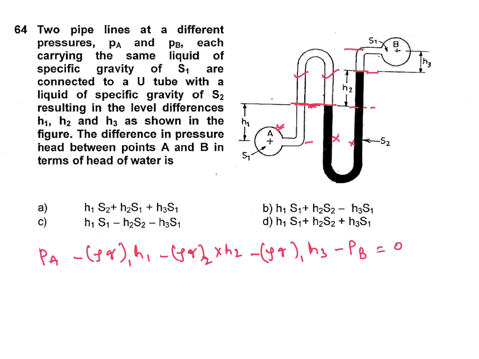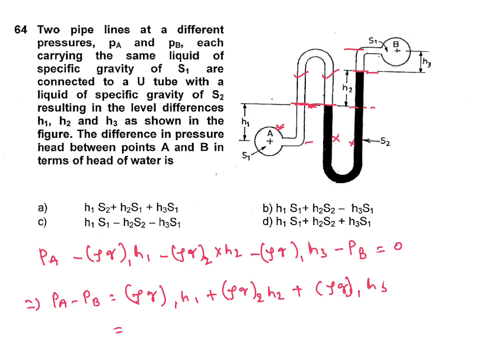So PA minus PB we have to calculate, the difference in pressure head between points A and B. So it's rho g1 H1 plus rho g2 H2 plus rho g1 H3.